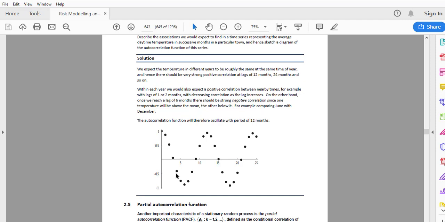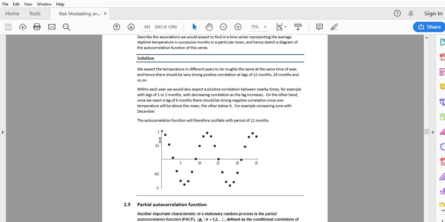So at a lag of 6 months there is an almost perfectly negative correlation. At a lag of 12 months there will be a perfectly positive correlation. Why? Because this year's June and next year's June are perfectly positive, and the next year's June again almost perfectly positive.